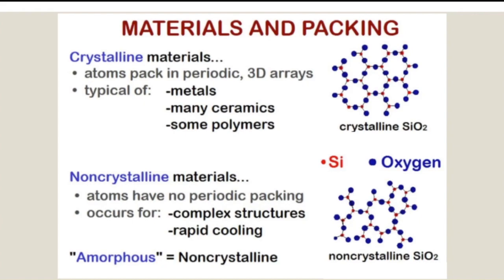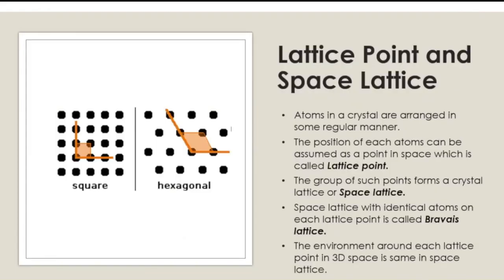Now let's come to some important points. As we already understood that atoms in a crystal are arranged in some regular manner, and if you see here, there are different points, and the position of each atom in the crystal structure can be assumed as a point in space, which is called a lattice point, and the group of all these lattice points is the space lattice.